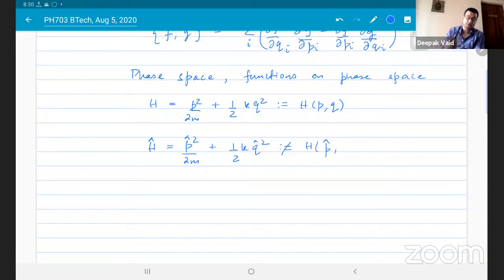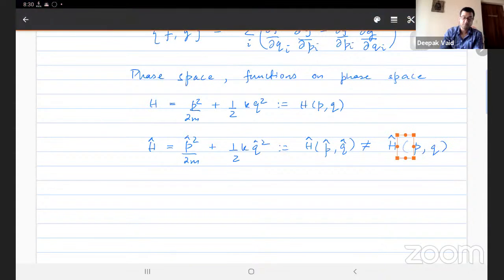It is a function of operators p and q. I can write it like this, but this is not equivalent to a function of the position and momentum eigenvalues.